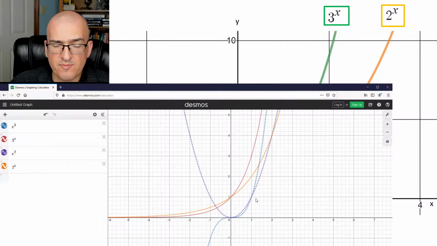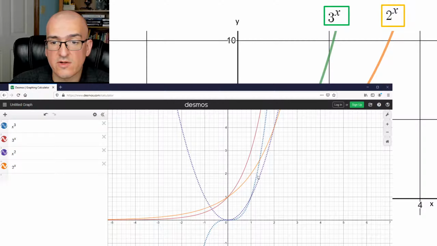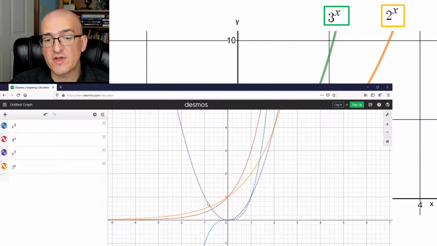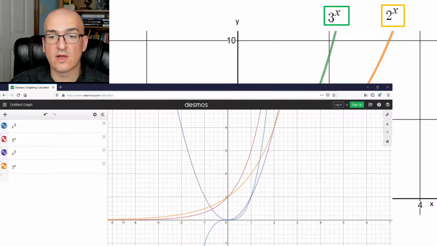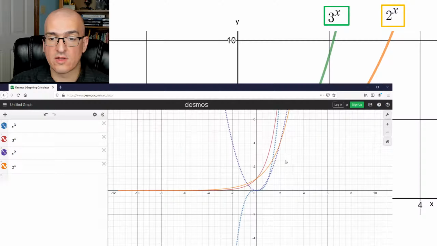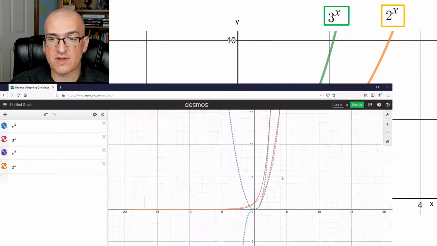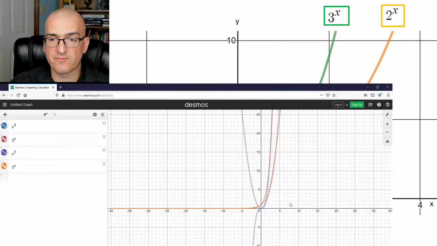So we have the polynomials as dotted curves, and the exponential functions as the solid curves. You can see that the exponential functions both have this feature that on the left-hand side, their y value is very low. So for very negative x values, exponential functions are very small. And for large x values, these exponential functions grow very quickly.